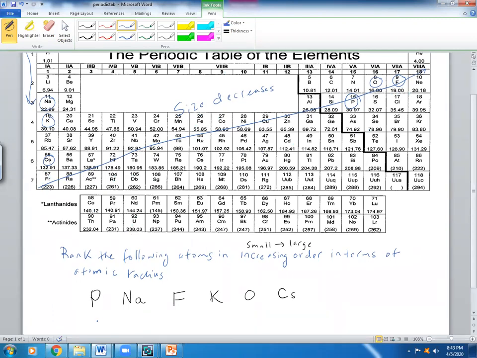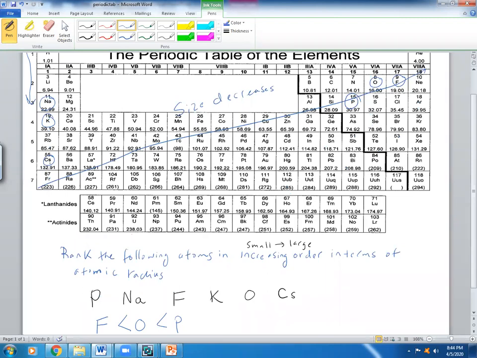So in this case, F is the smallest, followed by what's closest to the left, O. Then P. Okay, and let's keep moving. Na is next because size increases as you go down.